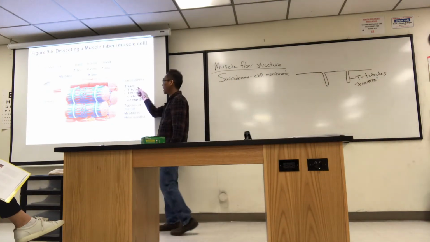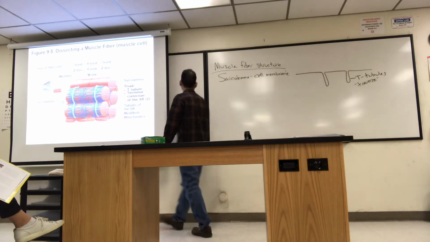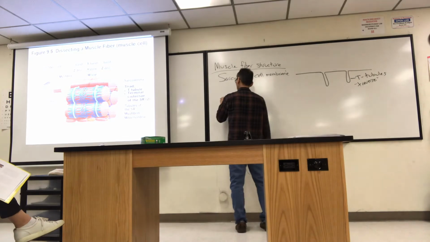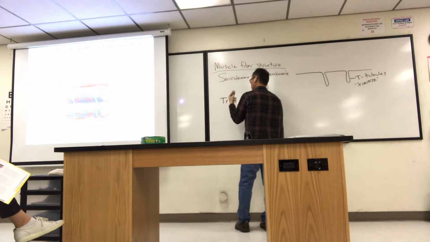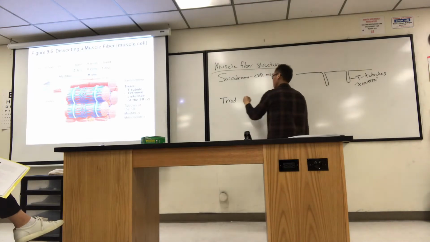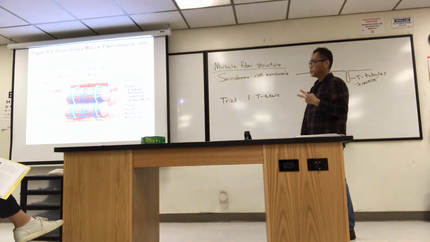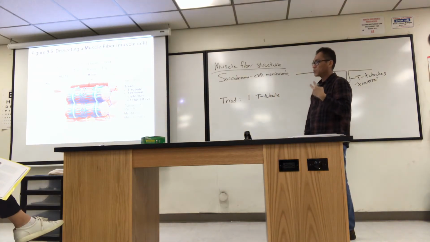So the triad is actually comprised of some of those T-tubules and what are called terminal cisternae. Triad implies three structures. It has one T-tubule and these two terminal cisternae.